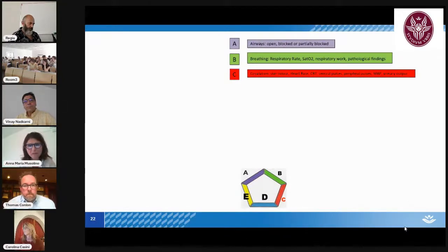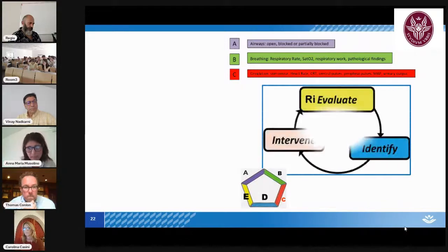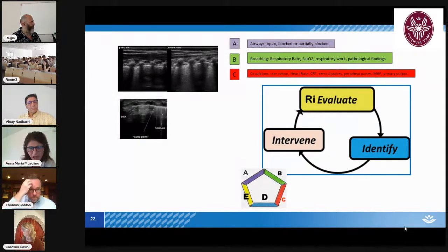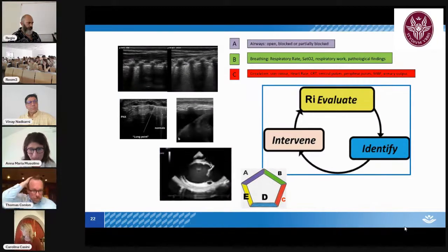And if this is important when you make your first check, it is more important when you make your re-evaluation, with the same questions and the same rapid answers. And it is important, and Professor Colon will explain later, when you are giving fluid in any kind of shock.